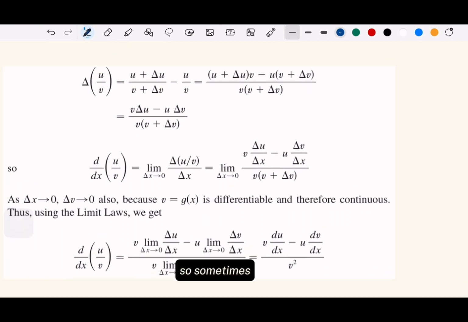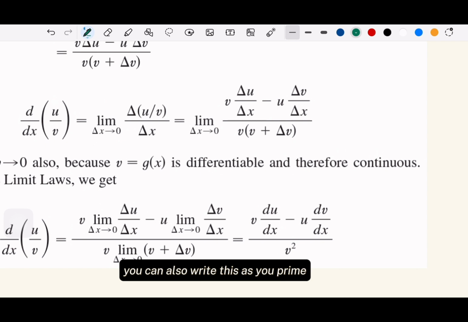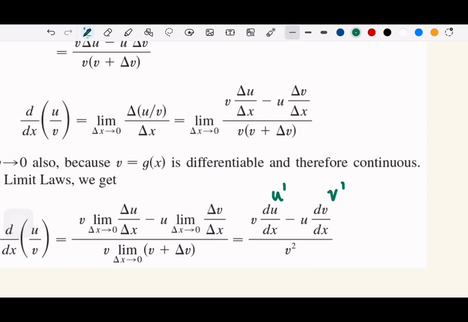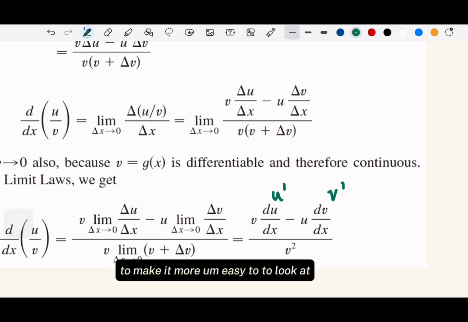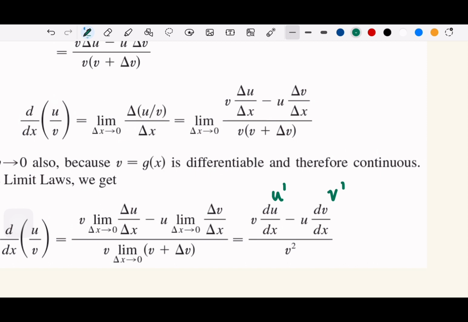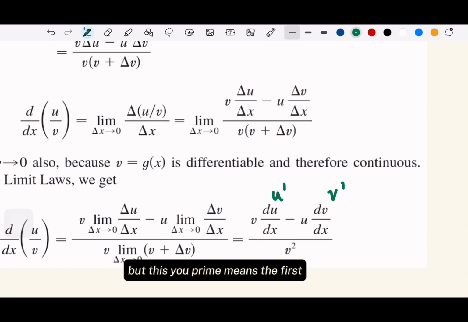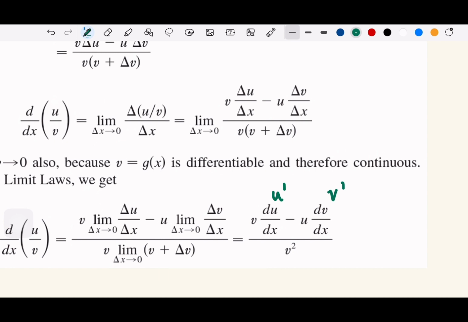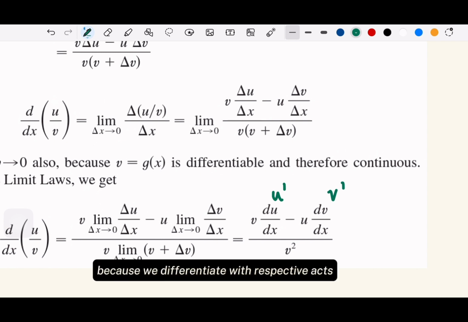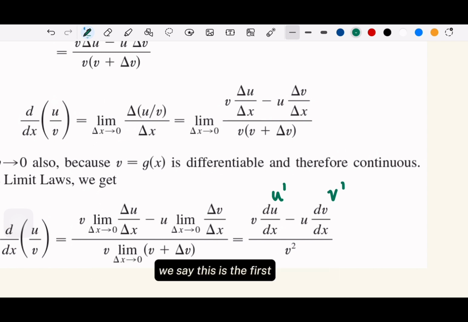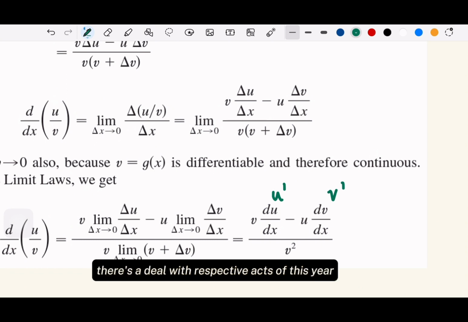For example, you can also write this as u prime, or phi prime, to make it easier to look at. But this u prime means the first derivative of u. And in this case, because we differentiate with respect to x, we say this is the first derivative with respect to x of u. We call this u prime or v prime.